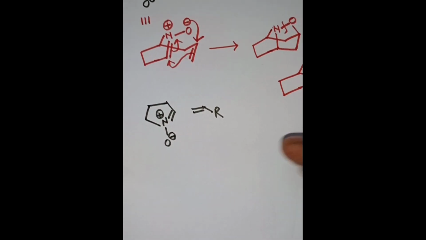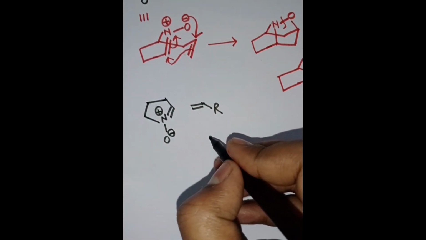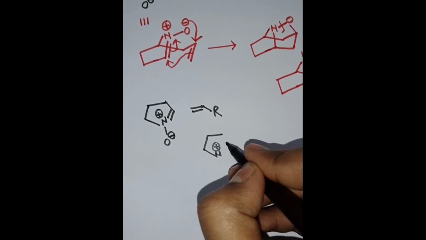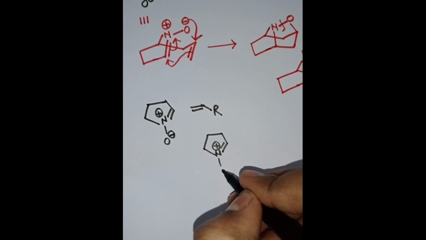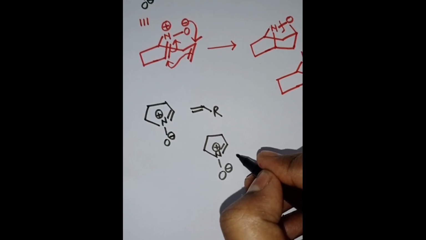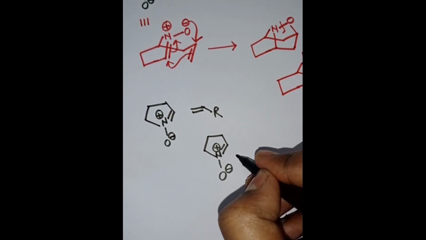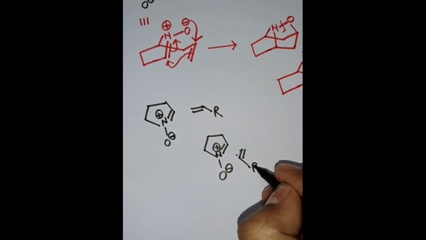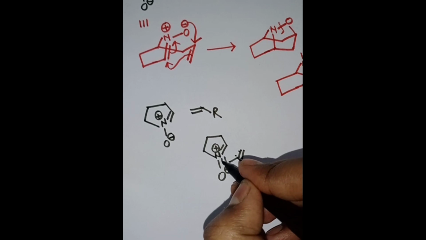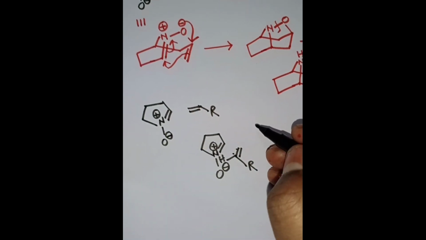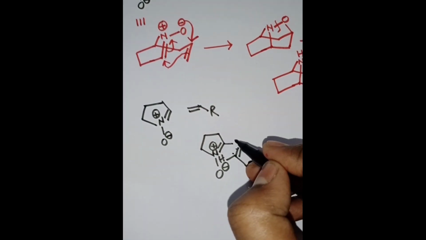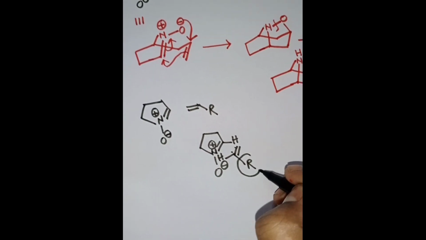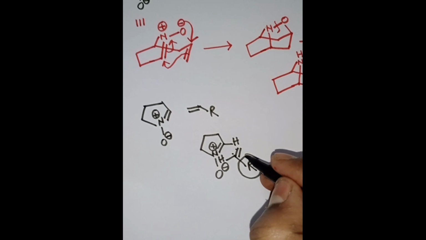So what will be the product? If we write this again, and if we write this dipolarophile like this, here you can see this is the least hindered approach, because this R group is now in exo position.